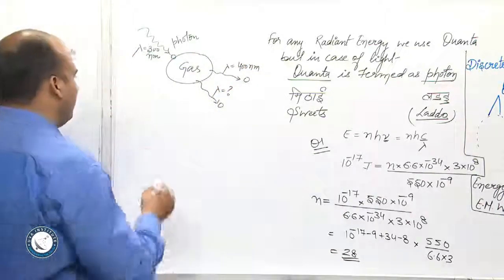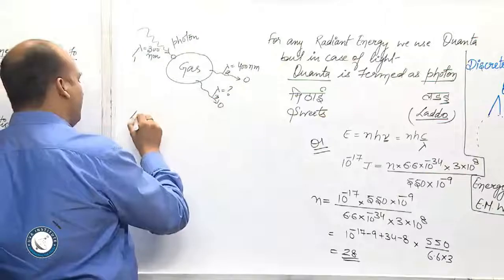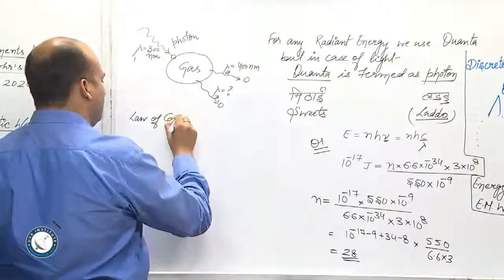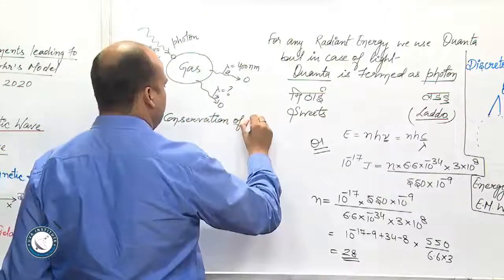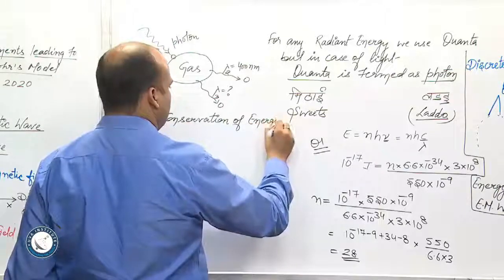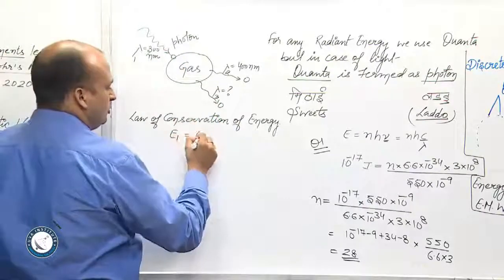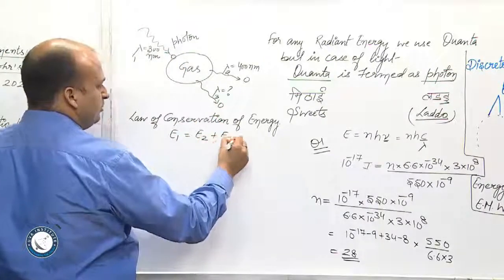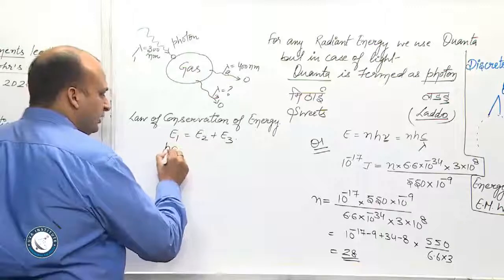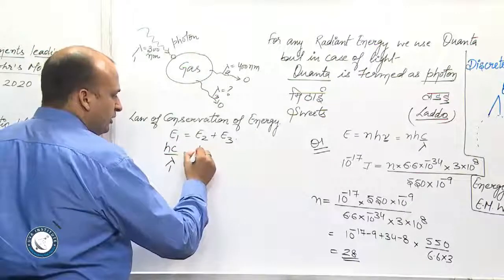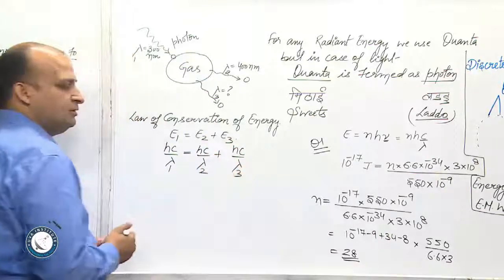Let's say this is lambda 1, this is lambda 2, this is lambda 3. If you apply law of conservation of energy, I should say E1, that is energy of this photon, should be equal to E2 plus E3. Do you all agree with me on this? So this is hc by lambda 1 is equal to hc by lambda 2 plus hc by lambda 3.